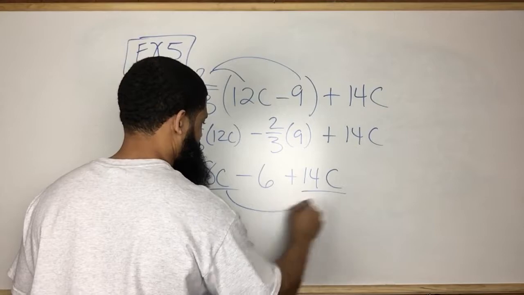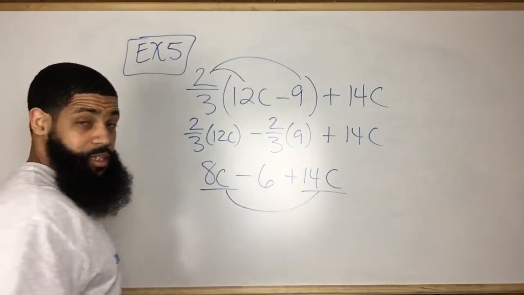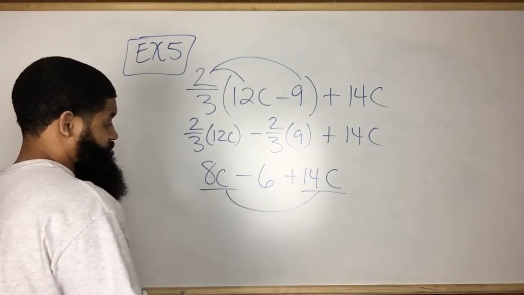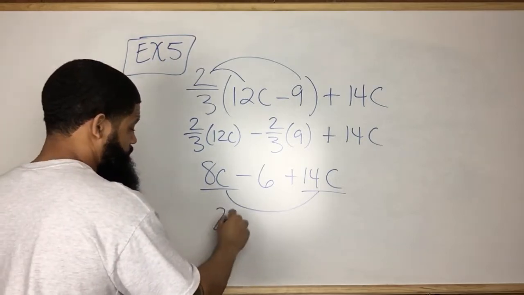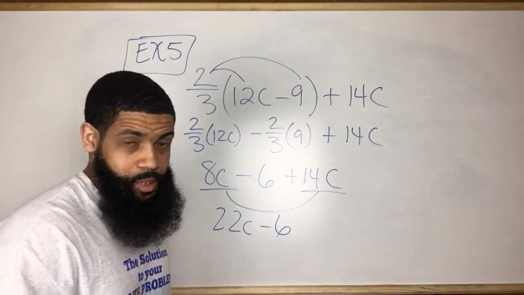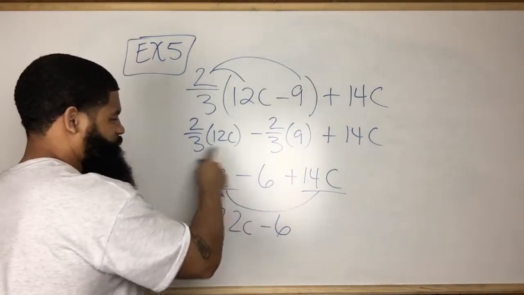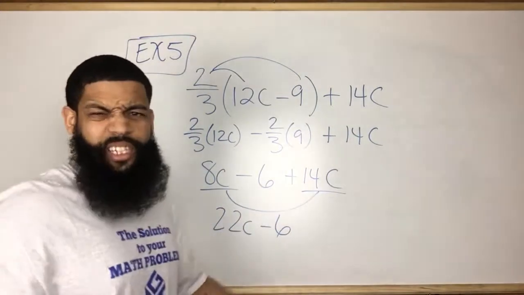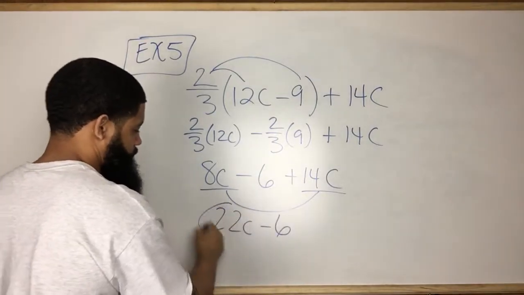Like terms, 8c plus 14c is, let's see, 22c. Alright, I hope I calculated that right because I just did it real quick. 14 plus 10 is 24, minus 2 is 22. I did it right. Alright, minus 6.